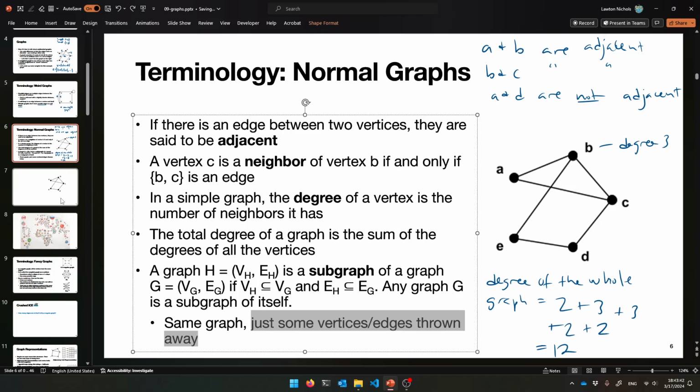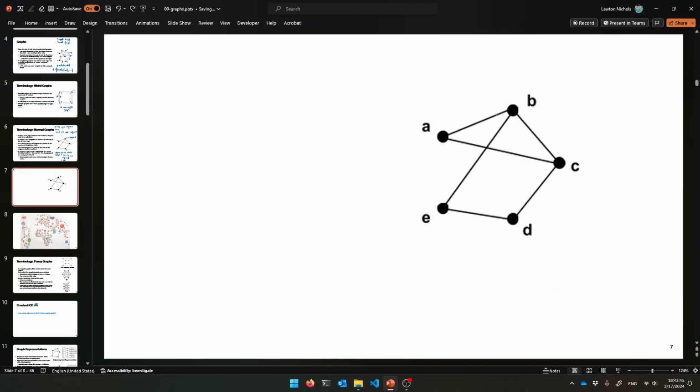All right, so let's generate a subgraph here. So if this is our original graph, let's be like, I would like to throw away this edge, and then also this vertex. All right, so what else would we like to do? I'd like to also maybe throw away this edge. All right, so what does it leave? It leaves this vertex.